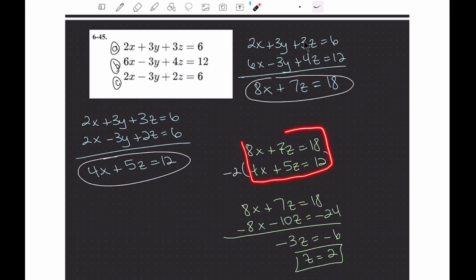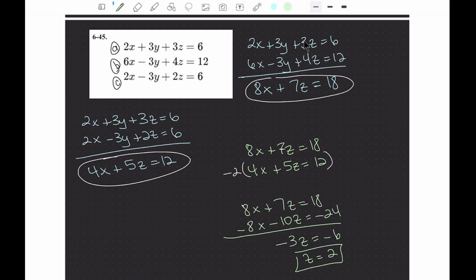So these two equations, we're down to x's and z's. So we know that our z is 2, so just pick one of those to plug it in for z equals 2. I just got a little bit more room under this one, so I'm just going to pick this one, but you can pick whichever one you want, right?